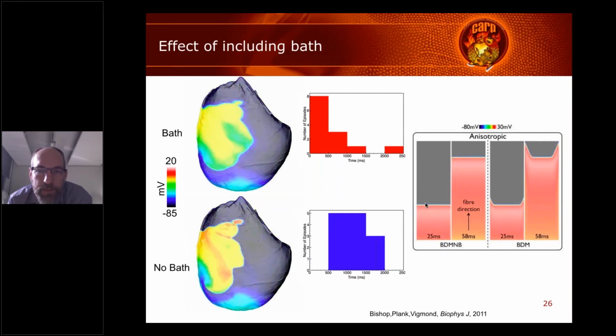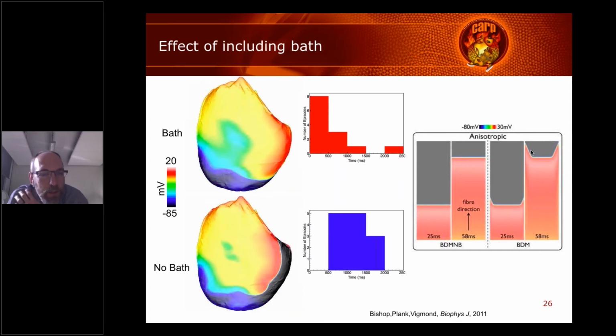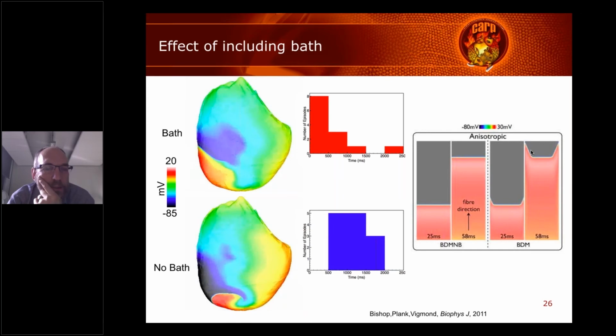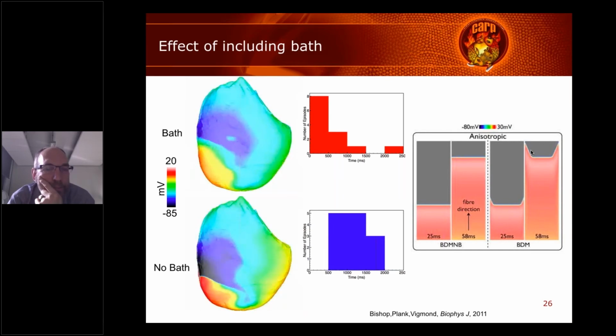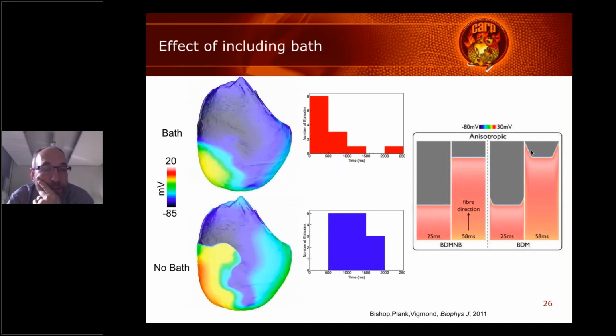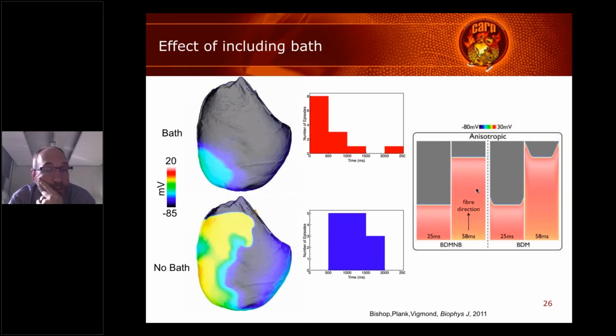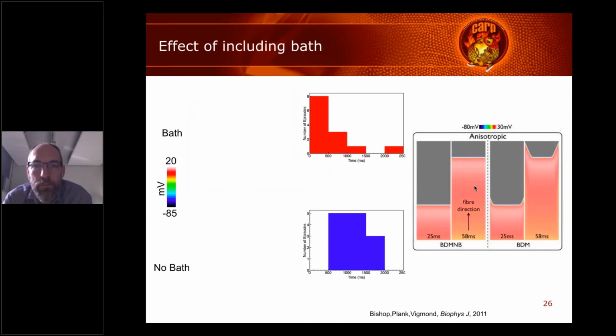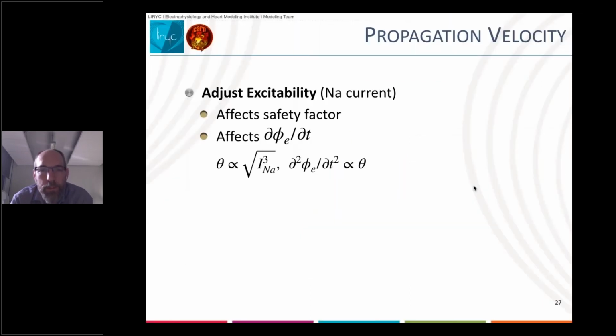You can see that due to the bath, you get faster propagation along the surface, and instead of having a flat front, you get an accelerated front along the edge. This just demonstrates that, especially with re-entry and things like that, you can get different effects when you use different methods. If you don't take this into account, a subtle effect can have a big difference.